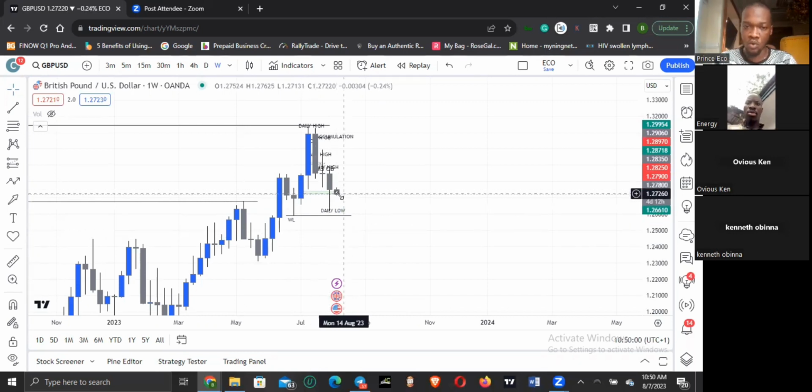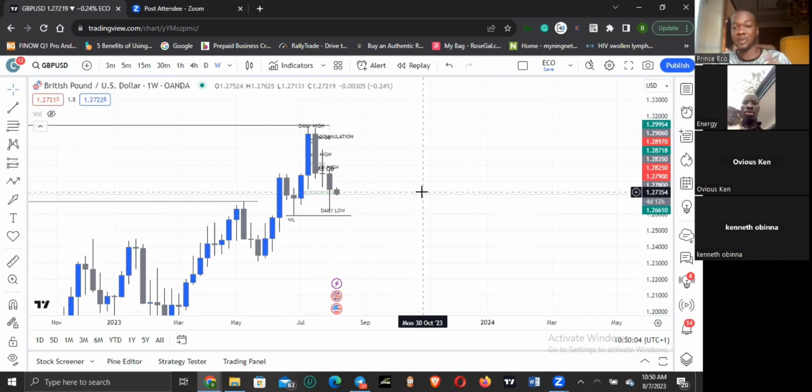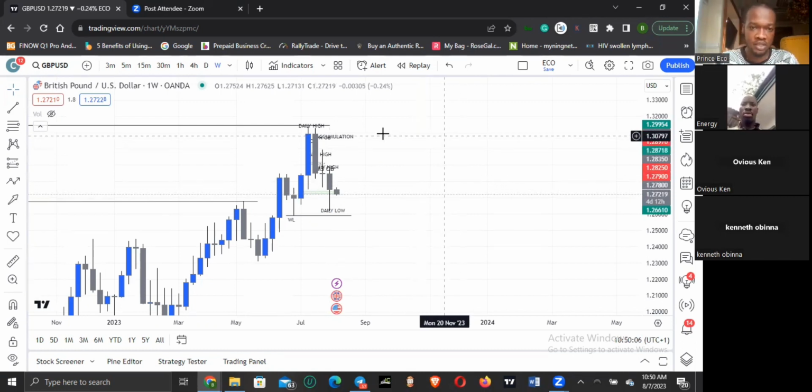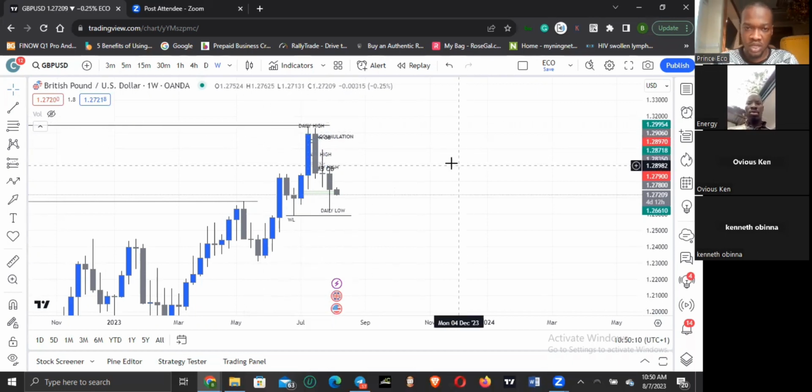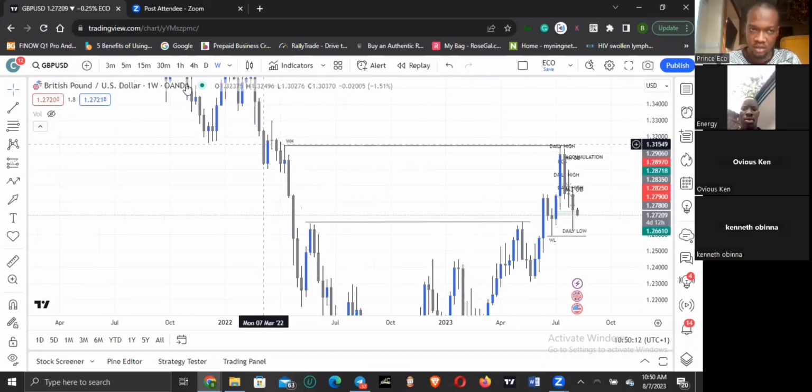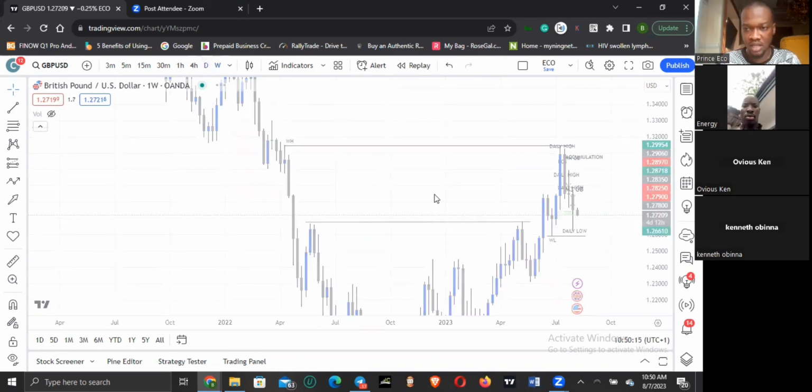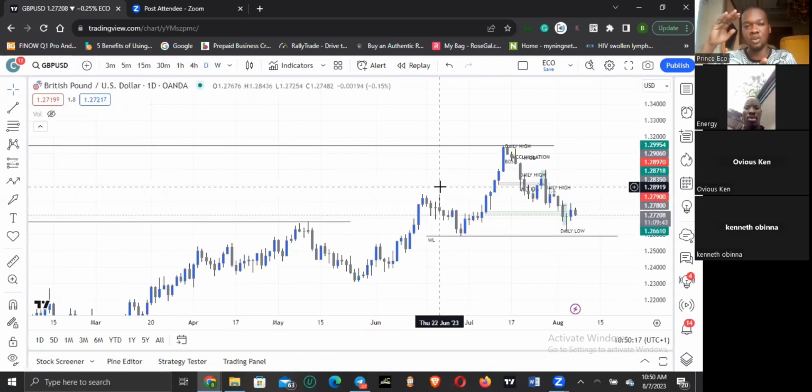We can't really say where the market would go or where we expect the market to go. We can only predict it. So I would say from the weekly, which I plotted here, let me scale it down. I like running my analysis from the weekly to the daily to the 4 hours, then the lower time frame, that's the 15 minutes or 5 minutes for execution.